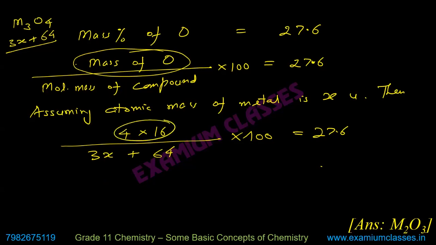It means 64 into 100, 6400 equals 27.6 multiplied by 3x plus 64.